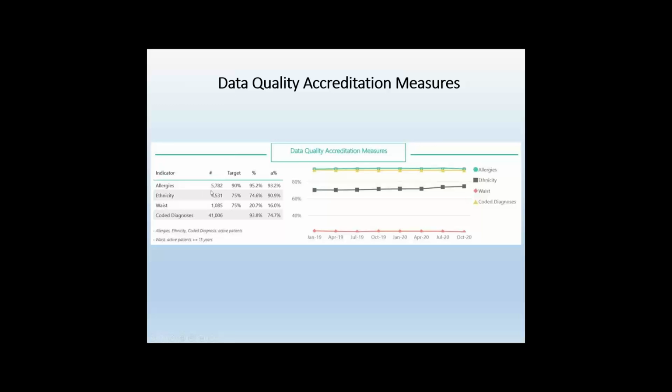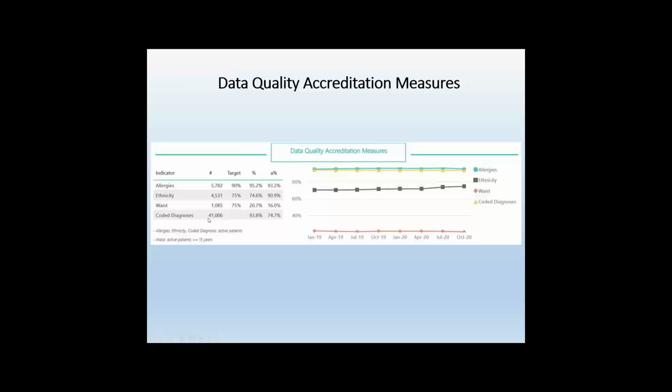So for example, for allergies there's 5,782 patients who have their allergy status recorded, which equates to 95.2% of the active population, and that's compared with an accreditation target of 90%, and also compared with the area average being 93.2%.